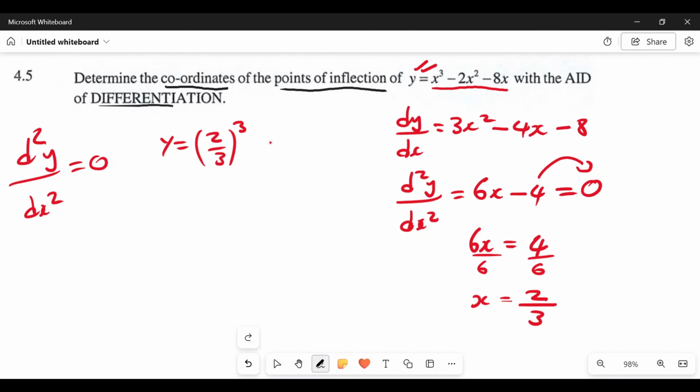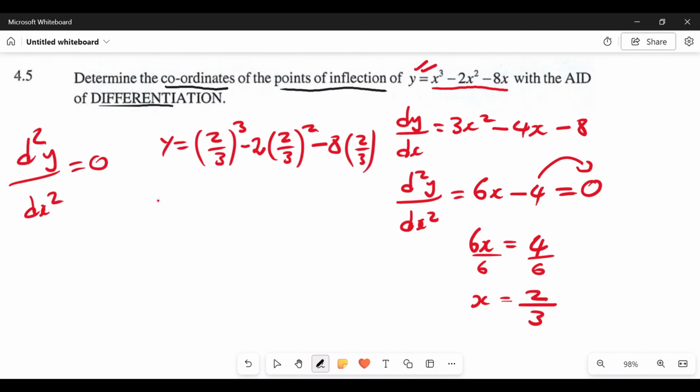The second term is negative 2 multiplied by x squared, so negative 2 times 2 over 3, squared. Then the last term is negative 8 multiplied by x, so negative 8 times 2 over 3.